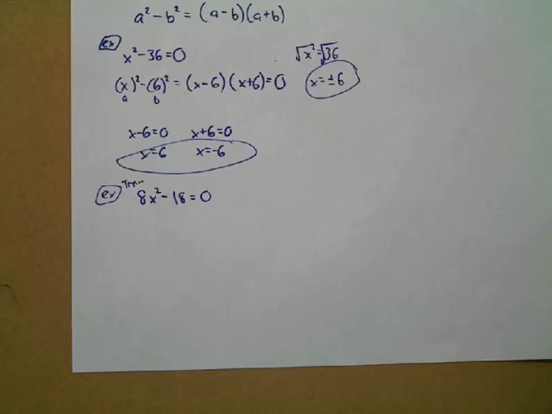So the 2 is still here: 2 times 2x minus 3. And then you set your factors equal to 0. So then you have 2x minus 3 equals 0 and 2x plus 3 equals 0. So you can solve these.